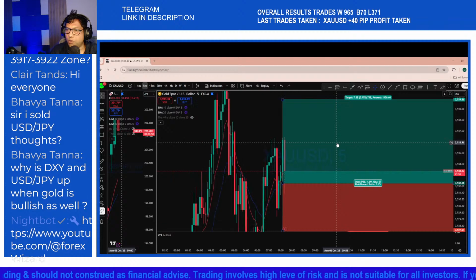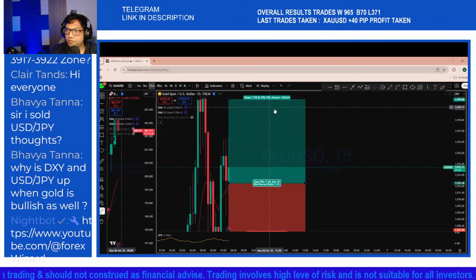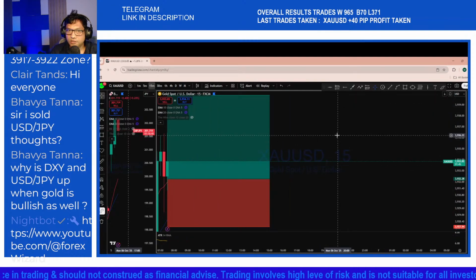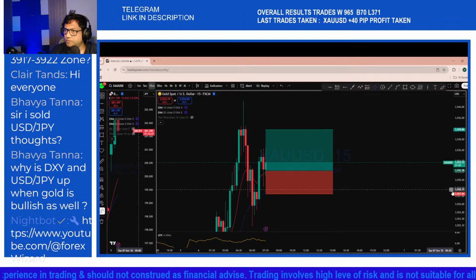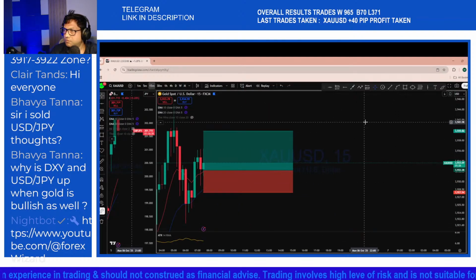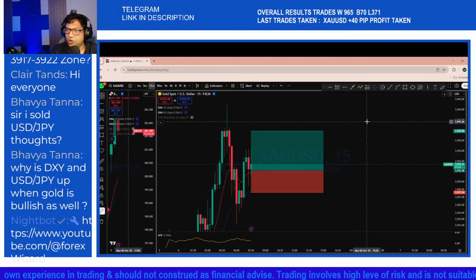This is the bull market that's showing up, and so the 15 minutes candle is also closing as a bull candle.